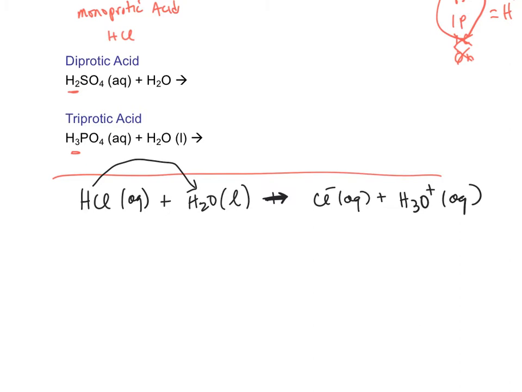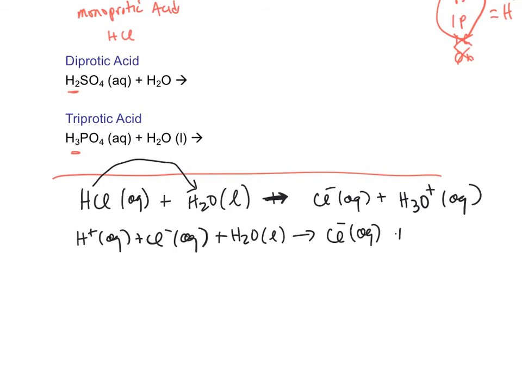All right, so if you wrote out the ionic equation, you'd have H plus chloride, leave water associated because it's covalent. And you got chloride. And hydronium is the same. You don't break it up, it stays together like that.